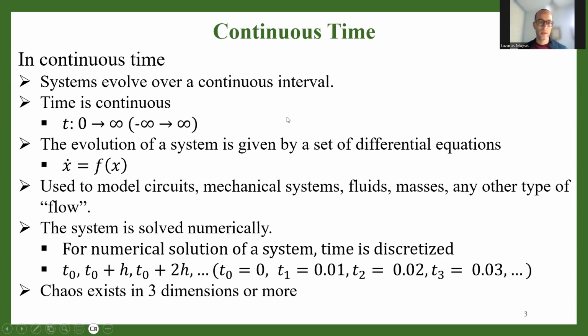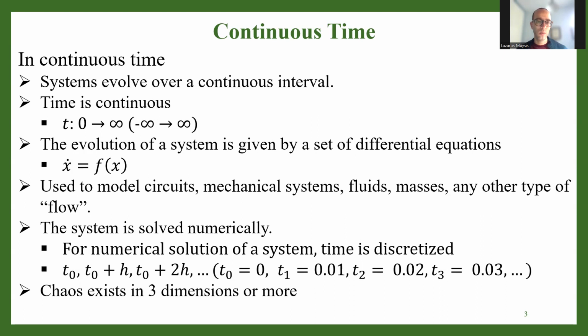Again, in this case, the evolution of the system is given by a set of differential equations. So the general format is x dot, where x is the state of the system, is equal to some function of x, so some function of the states. And of course, these types of systems are generally used to describe flows.